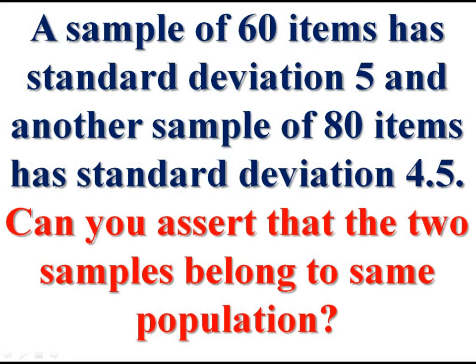If the samples are large, apply the Z test, and if the samples are small, apply the F test, the F ratio. Here the samples are large, therefore we have to apply the Z test.